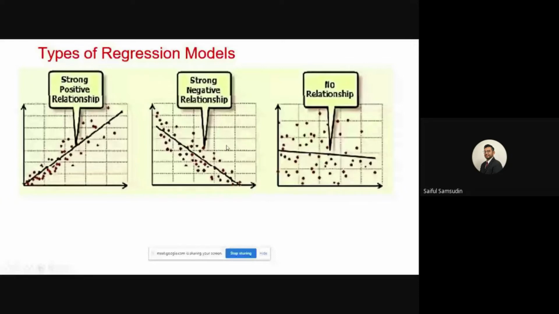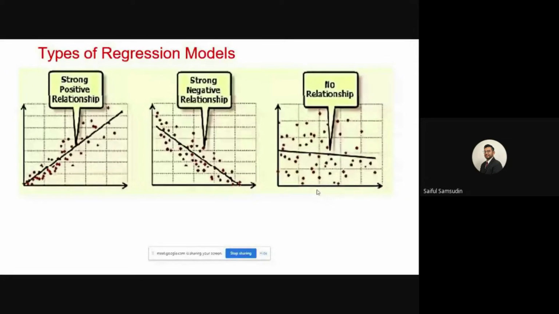There is no relationship. There are several research projects that use variables or parameters to find the relationship between A and B, or several variables with the dependent variable, but there is no relationship at all.